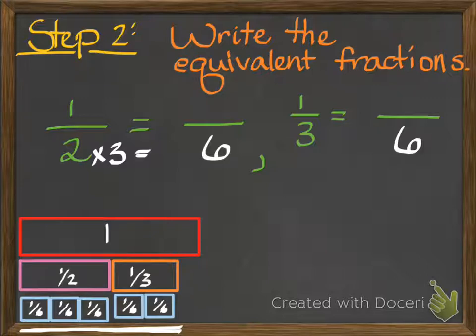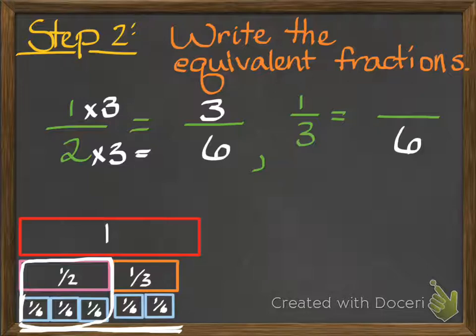Whatever I do on the bottom, I have to do on the top. I multiplied the bottom, the denominator, by 3, so I have to multiply the top, the numerator, by 3. 1 times 3 is 3. Okay? 1/2 is the same as 3/6. You can see that down here on my picture that 1/2 is the same as 3/6.